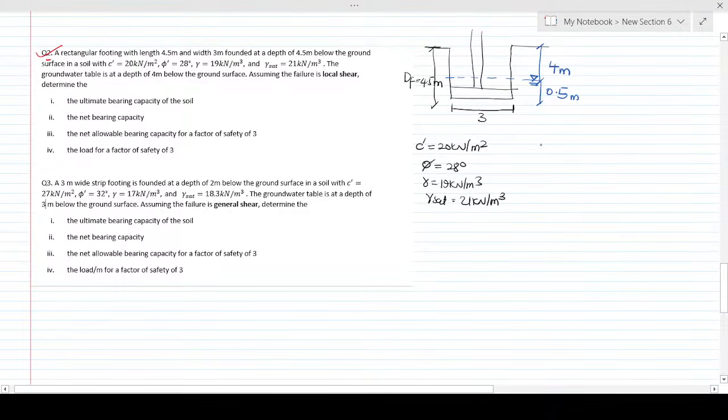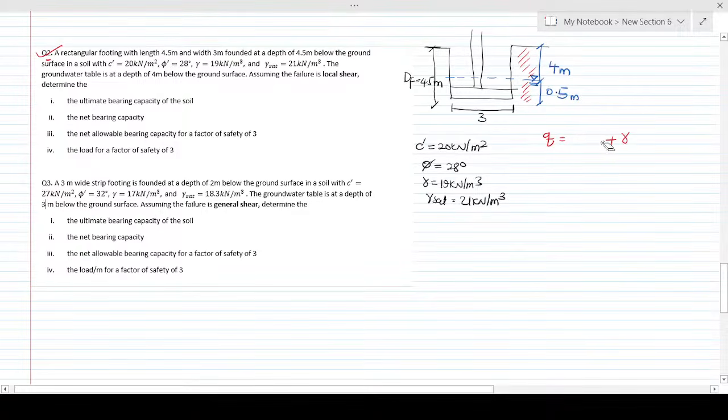With this in place, you can now solve the analysis. First of all, we need our effective Q, because there's water above the foundation. From ground surface to the water table, there's no water, so that's all multiplied by the dry gamma. Then below, we use gamma prime.